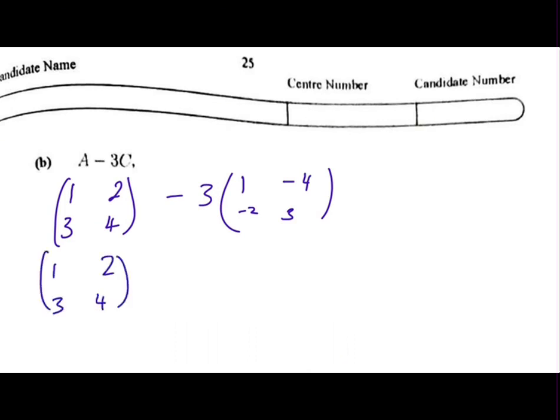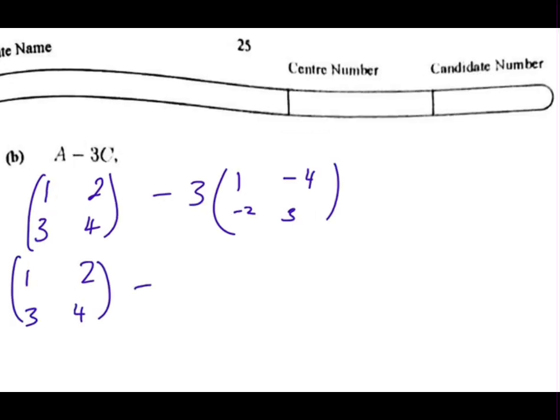The next matrix will be (3 -12; -6 9). Then we are going to subtract. Subtracting is very simple. We subtract only the corresponding numbers.